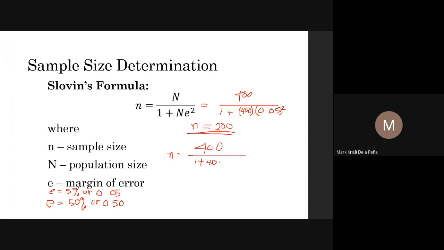Then again, we use our formula. That's 400 divided by 1 plus 400 times 0.5 squared. So what do you think is the result?